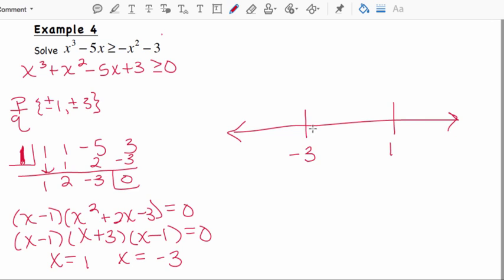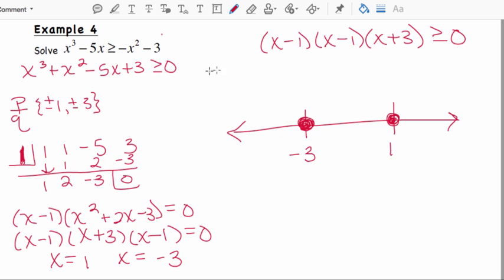And we have closed circles because our symbol is greater than or equal to. And I'm going to go ahead and write my factored form on top. I'm going to put the 2 x minus 1s next door to each other, and put the x plus 3 last. And then our symbol of greater than or equal to back in.